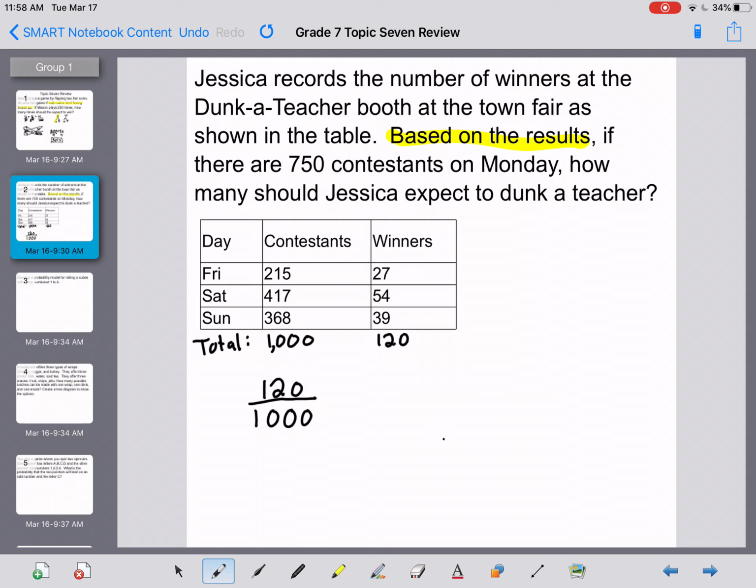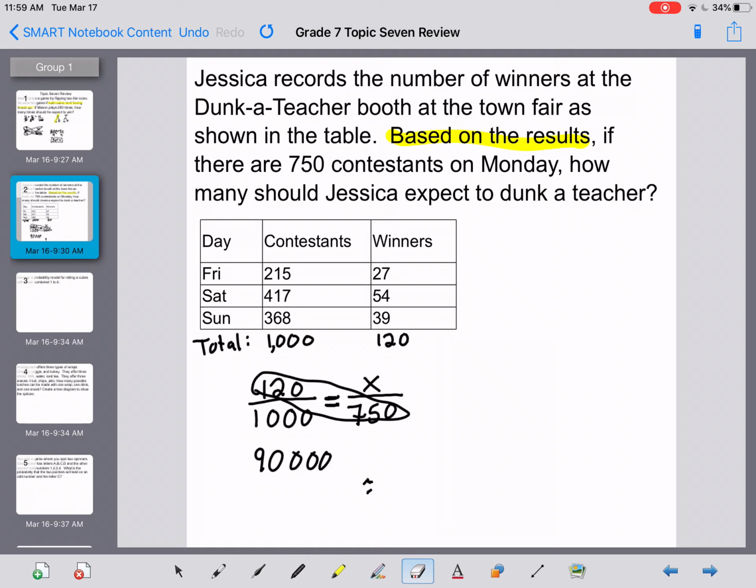Now I need to determine how many people win if 750 contestants play on Monday. So I'm going to set up another proportion and make it x over 750. I'm going to cross multiply: 120 times 750 is equal to 90,000, equals 1,000 times x, which is just 1,000x.